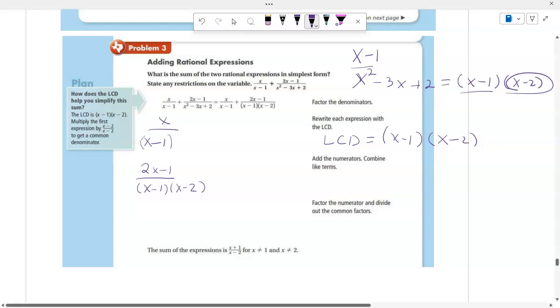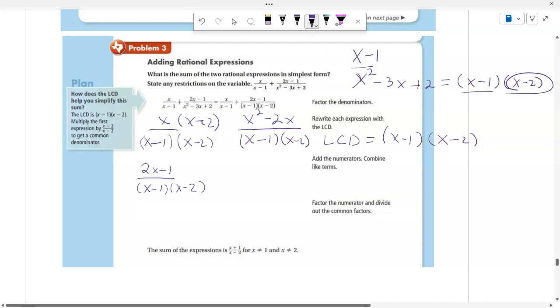The only thing that it's missing is an x minus 2. Now, whatever you do to the denominator, you also have to do to the numerator. So you have to multiply by x minus 2. So let me rewrite this. We have x squared minus 2x. I went ahead and multiplied. And we have x minus 1 times x minus 2.